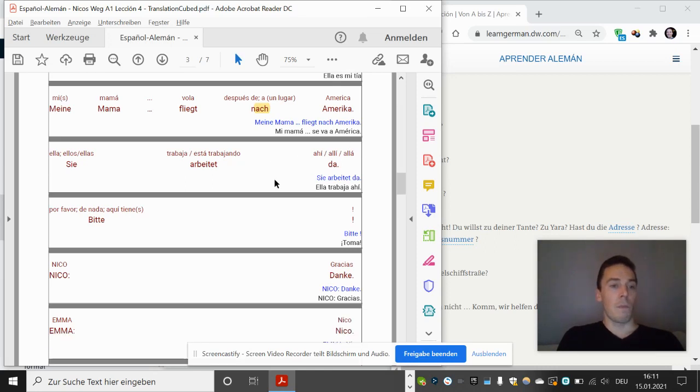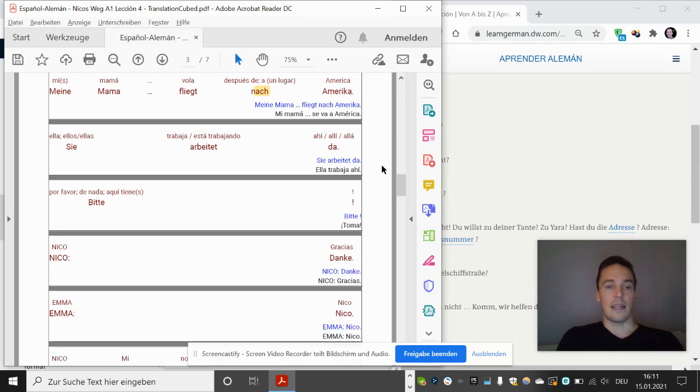Nach. Ok. Sie arbeitet da. Se ve que los verbos en presente en alemán pueden significar trabaja o también está trabajando, ¿vale?